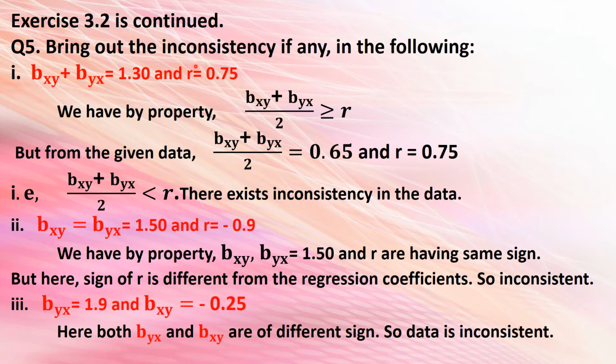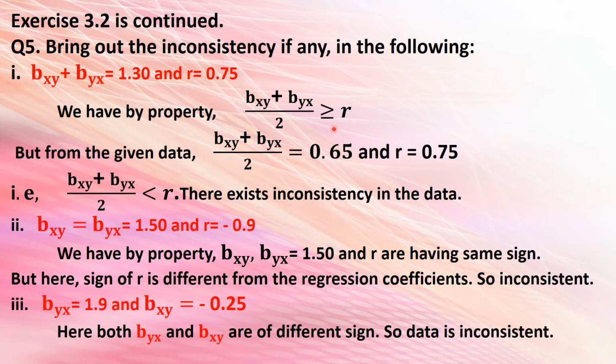So let us see. The first one is bxy plus byx is equal to 1.30 and r is equal to 0.75. Now we have the property (bxy plus byx) upon 2 greater than or equal to r. Actually in the property there is modulus, but here there is no need to take the modulus as all these quantities are positive.